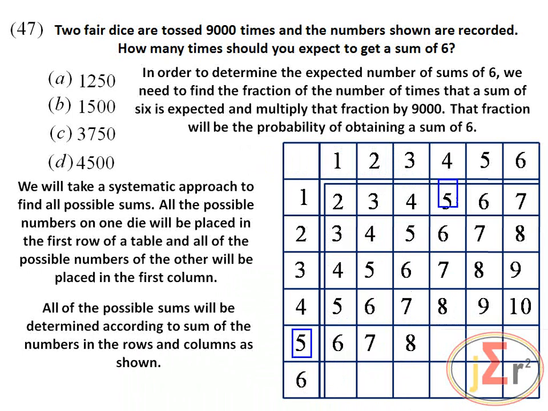And we will do that until the entire table is exhausted, at the end of which time we would have determined all possible sums. And if so, that we have discovered all possible sums, it is possible for us to determine the possible sums of 6.